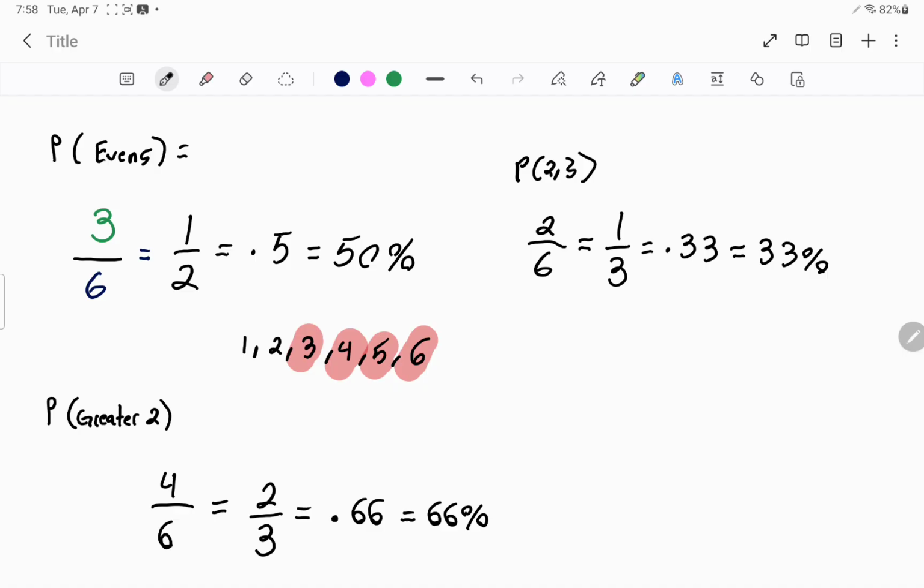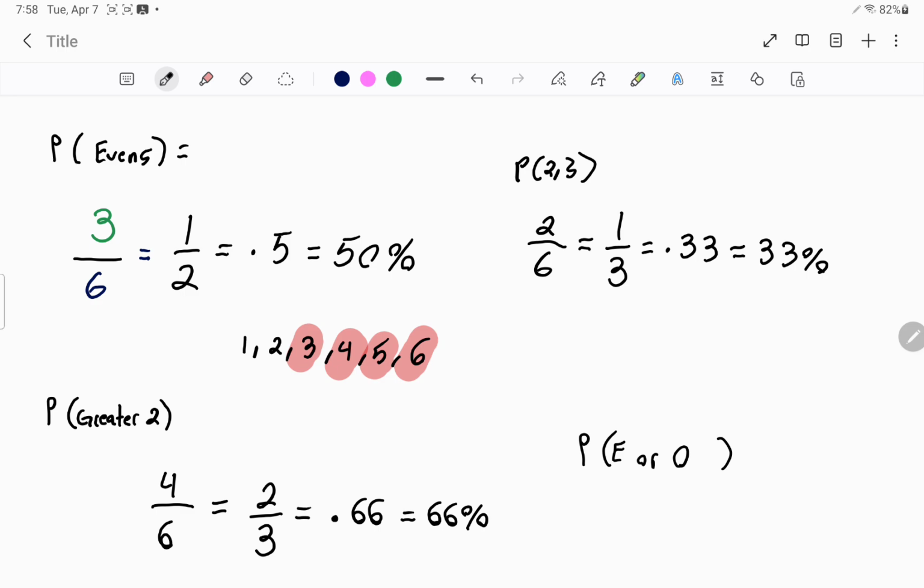All right. Now finally, what is the probability I'm going to get an even or odd number? Okay, I'm throwing this one in there so you can see what happens whenever you get this type of scenario. So how many evens? 3.